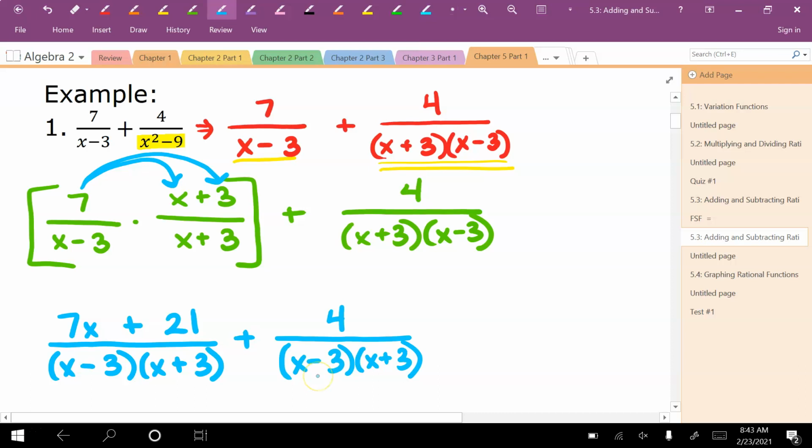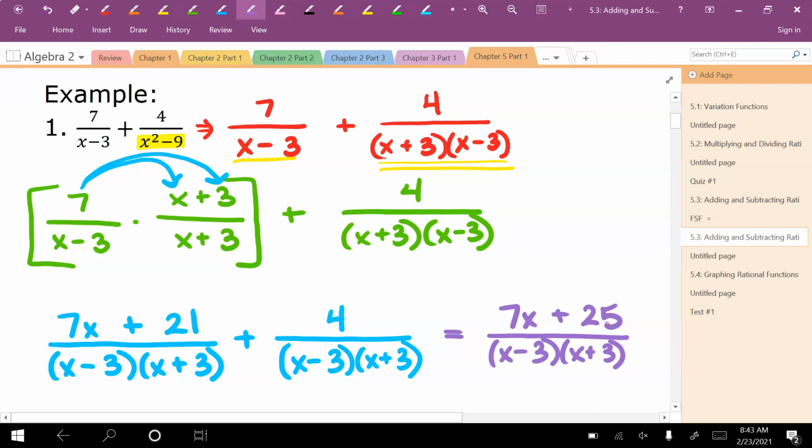Now that I have common denominators, we simplify the top. So I don't do anything to the bottom. We leave that alone. On the top here, we have 7x. There's no x on the second fraction, so I'm not going to do anything to my 7x. And then I have positive 21 plus 4. So 21 plus 4 would be 25.